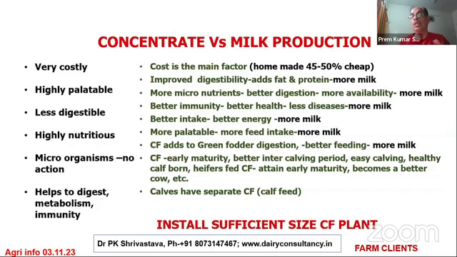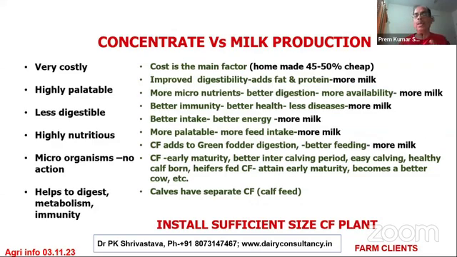It is digested slowly. The carbohydrate part is digested very fast. Highly nutritious. Mostly there is no action of microorganisms over here; that action is on the roughage. It helps to develop the metabolism, helps the digestion and helps the immunity.